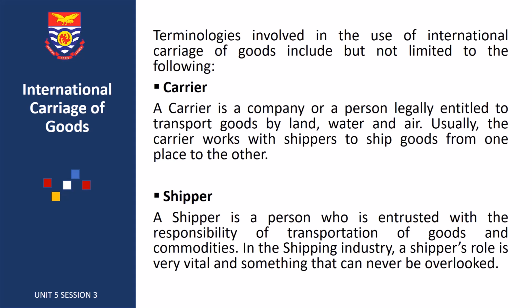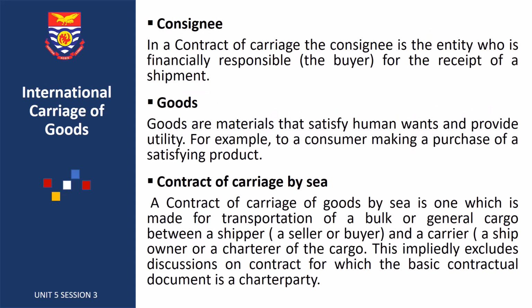In the shipping industry, a shipper's role is very vital and can never be overlooked. When it comes to consignee, in a contract of carriage, the consignee is the entity who is financially responsible. So it's like the buyer. The buyer is mostly who we term as the consignee.